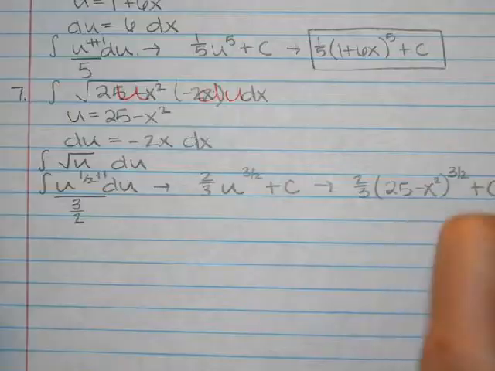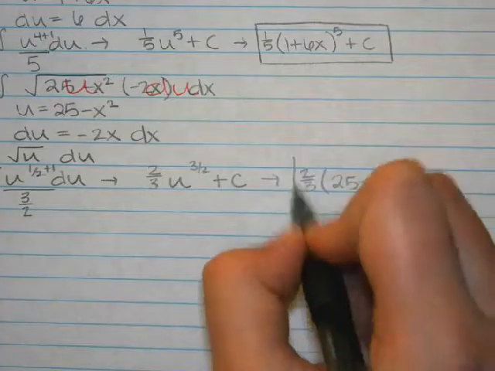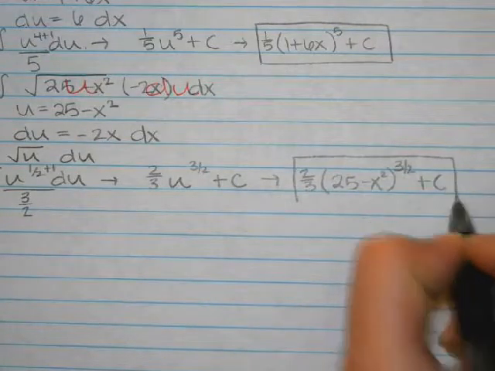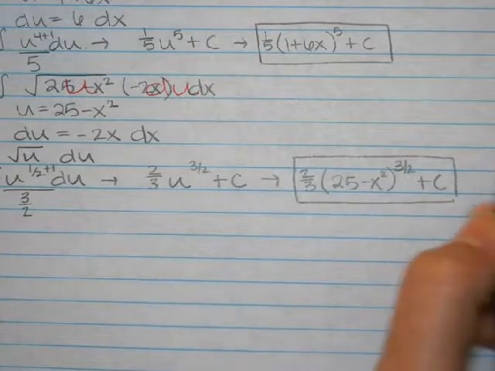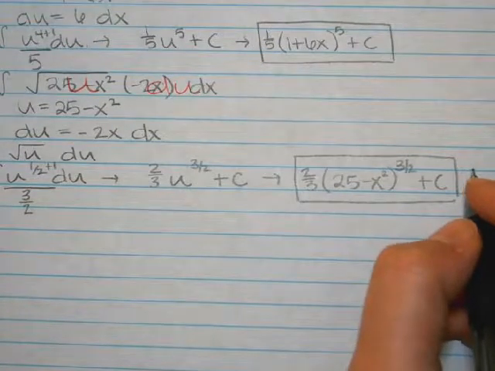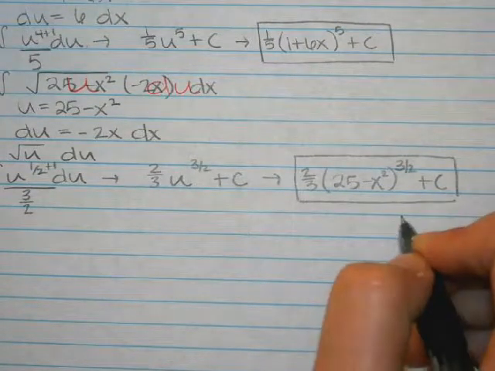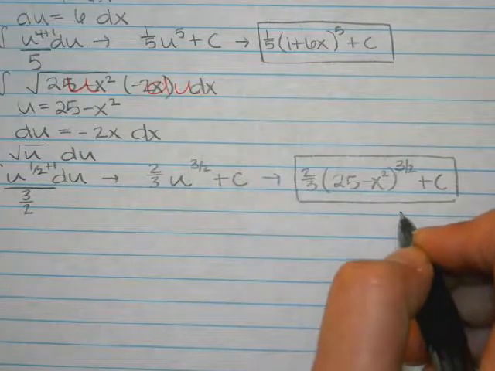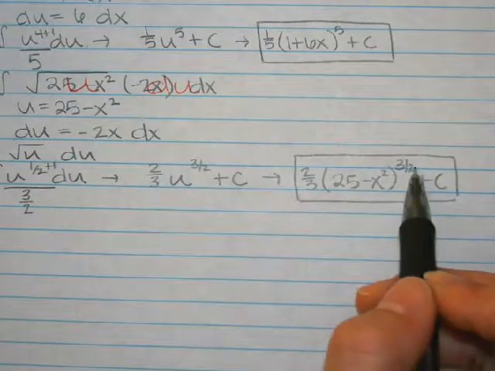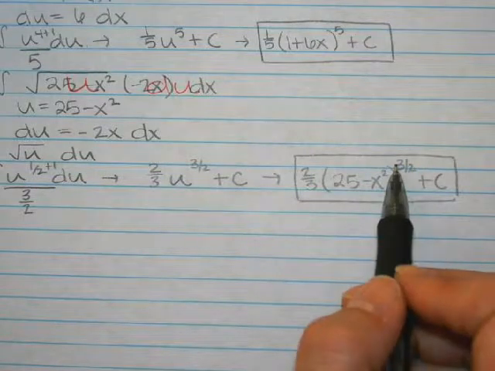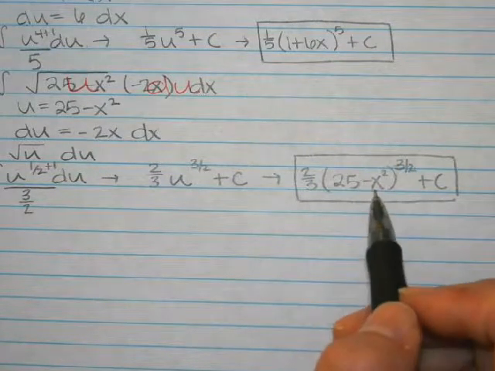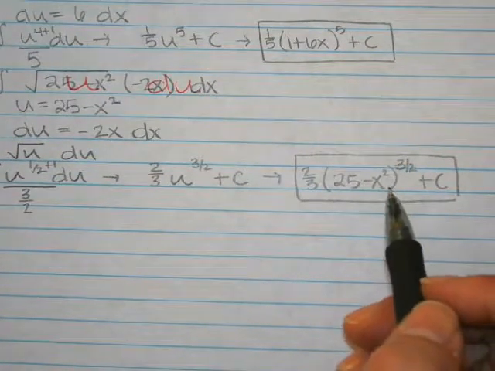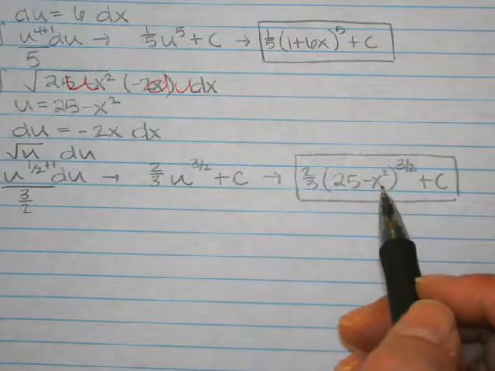At this point, this is an acceptable answer, but if you were doing a multiple choice problem and every single answer had a radical in it, then what would you do? You'd rewrite it to make sure this was a square root of the parentheses to the third. At this point, we've practiced that enough, so I'm not going to say we have to do that every single time.